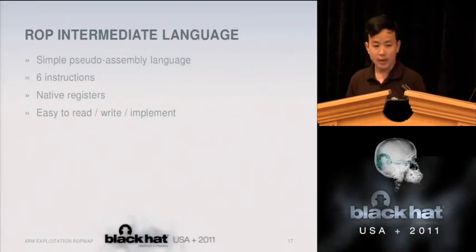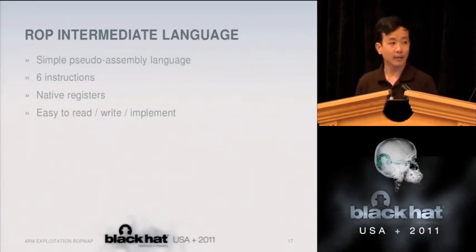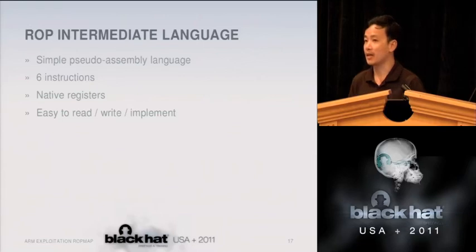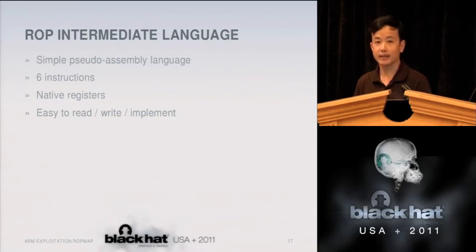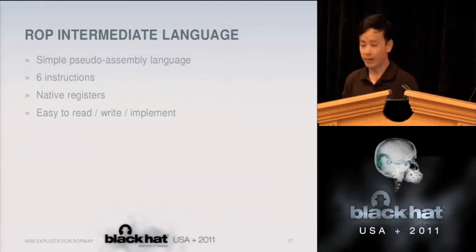So we introduce a language to write the ROP shellcode. It is just a simple pseudo assembly language. Everybody is familiar with assembly, so we made it like assembly, so people can learn it easily. It contains only 6 instructions, a very small instruction set, so you can remember it.